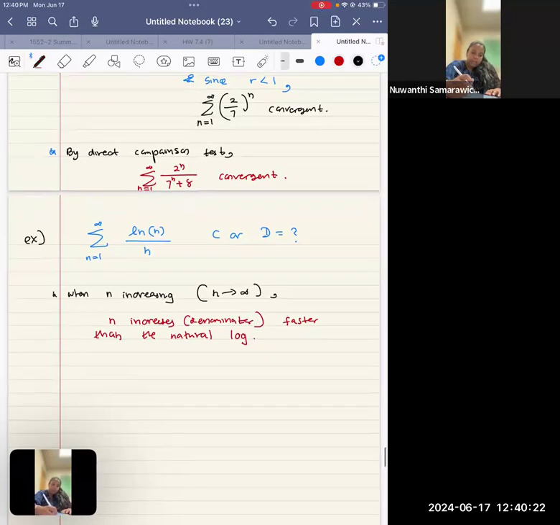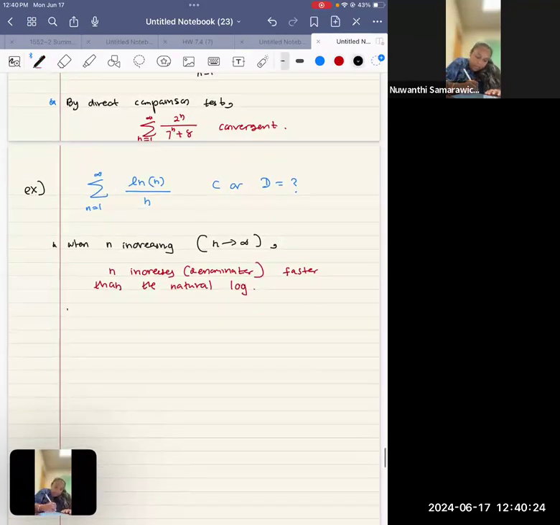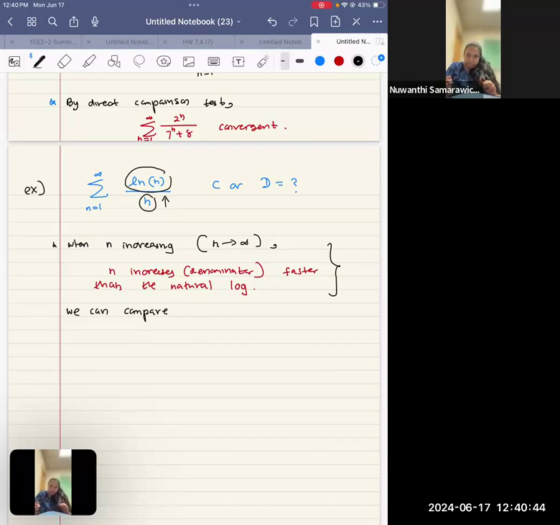So that means we can compare this. When n increases, when it is a very large amount, this part increases faster than the numerator.